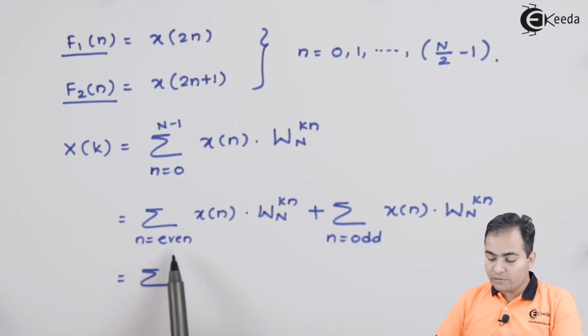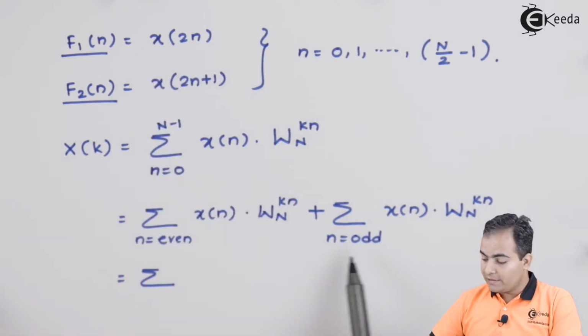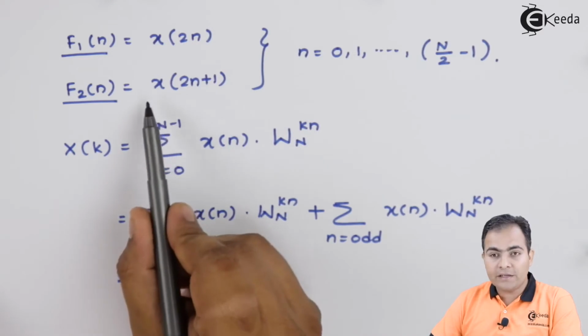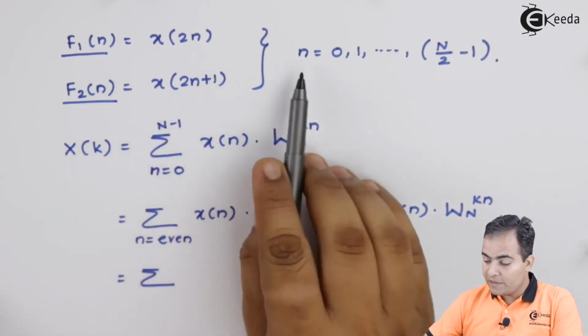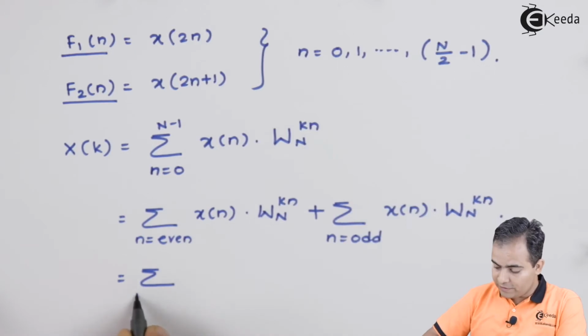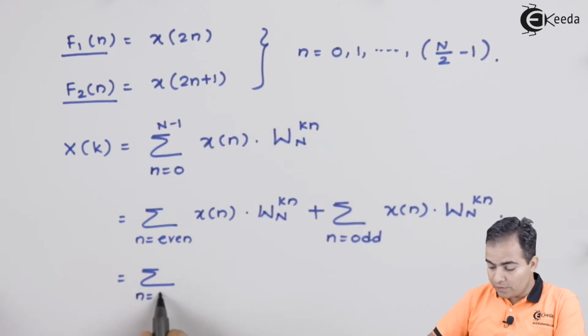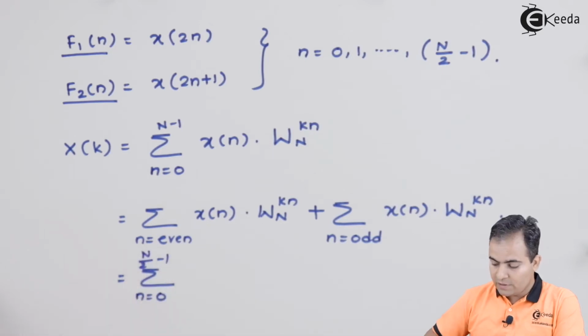The even values of x of n are represented by x of 2n, and the odd values are represented by x of 2n plus 1. Now, in both cases, my n value varies from 0 to n by 2 minus 1. So this summation has a lower limit of 0 and an upper limit of n by 2 minus 1.